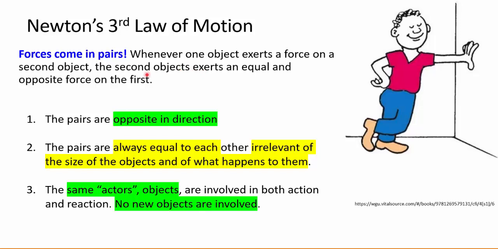But that's somewhat of a misnomer, because saying action and reaction might lead one to think that the first object is going to do something, and the second object is going to think about it and react to the first force. But actually forces come in pairs, they come together at the same time. But we'll use the terminology action and reaction anyway.